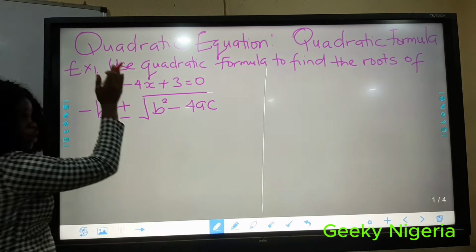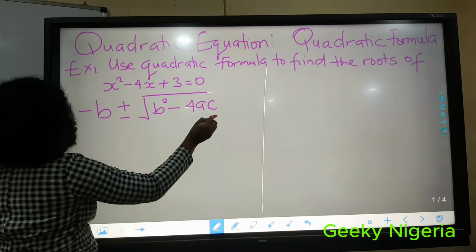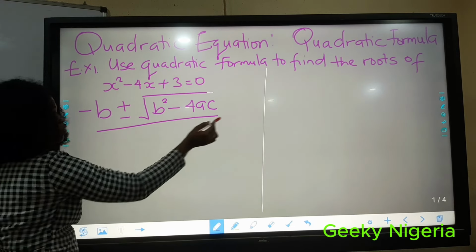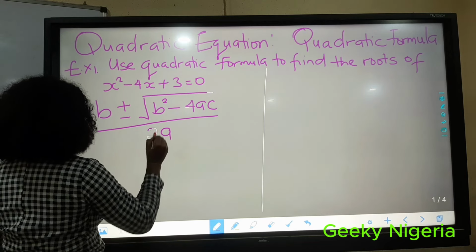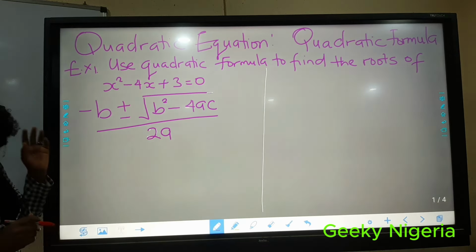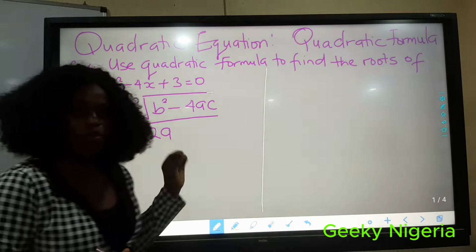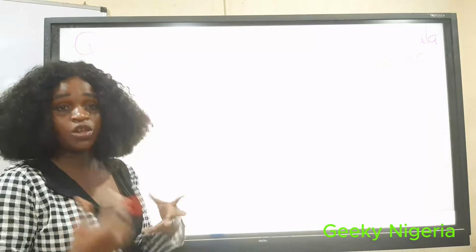Notice this square root is covering everything, all over 2a. So this is the general formula, the quadratic formula that is used to solve the quadratic equation.